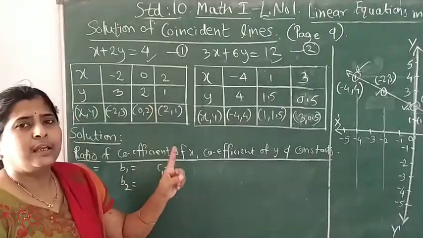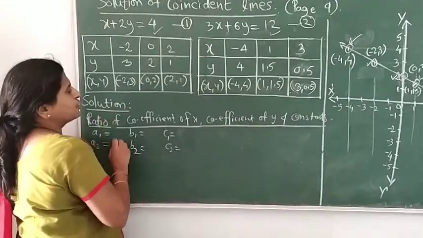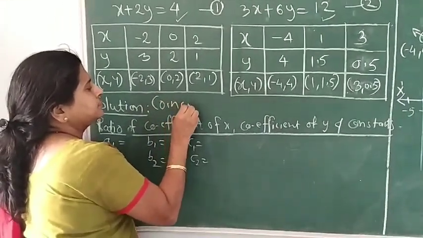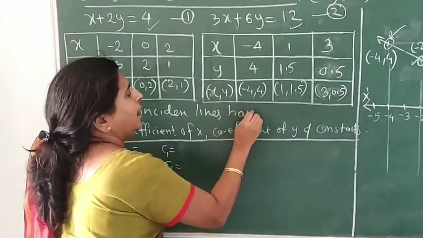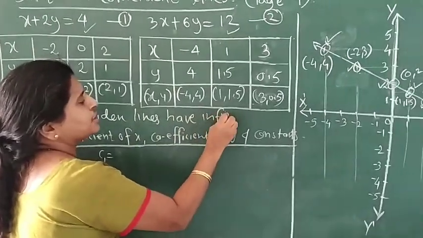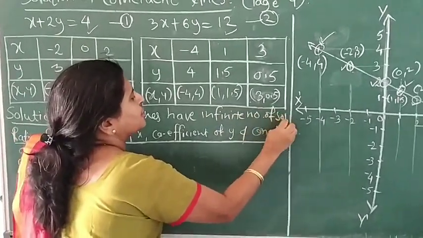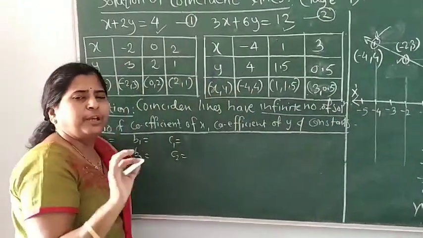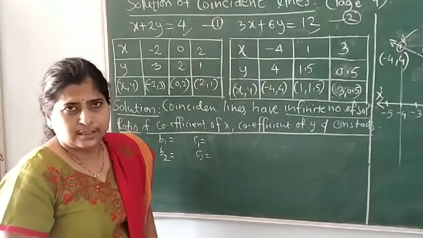Here we get infinite number of solutions. Therefore, coincident lines have infinite number of solutions. Each and every point on the line is a solution of both equations.